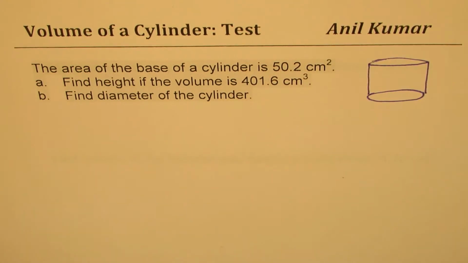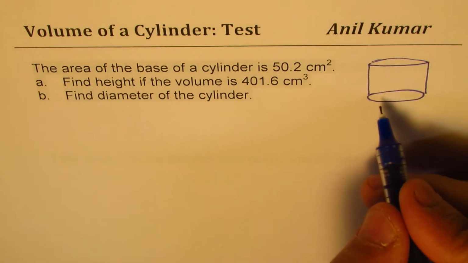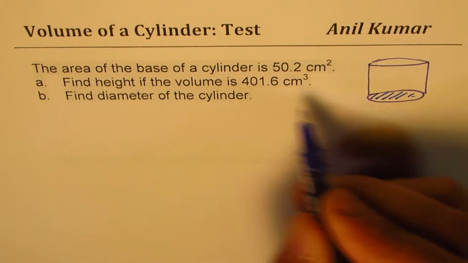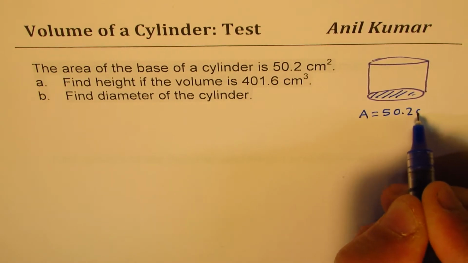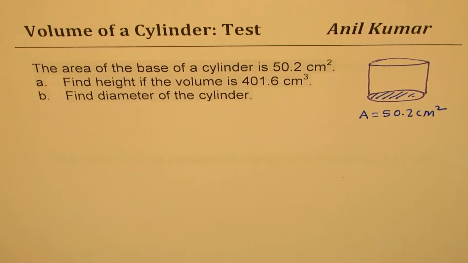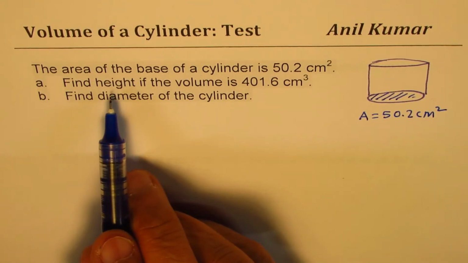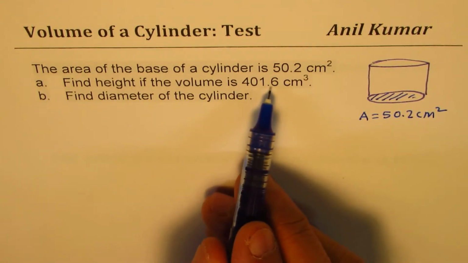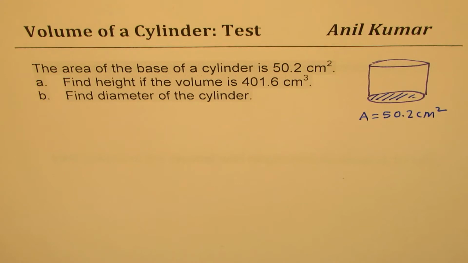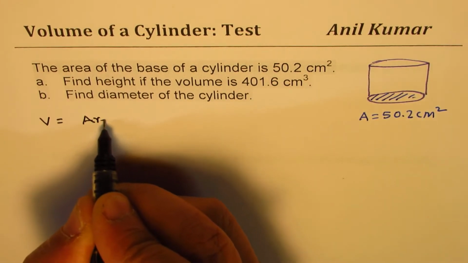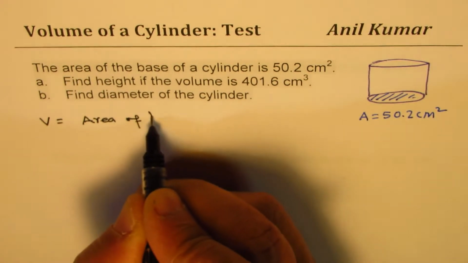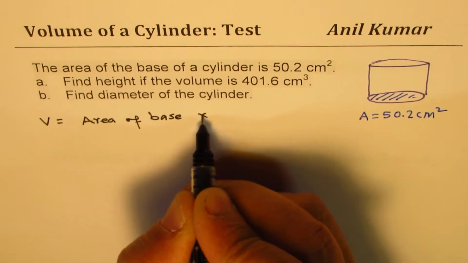Right, so that is a cylinder whose area of the base is given to us as 50.2 centimeters square. You get the idea? Now you have to find height if volume is given to us. How do you do that? As you know, volume is area of base times height.